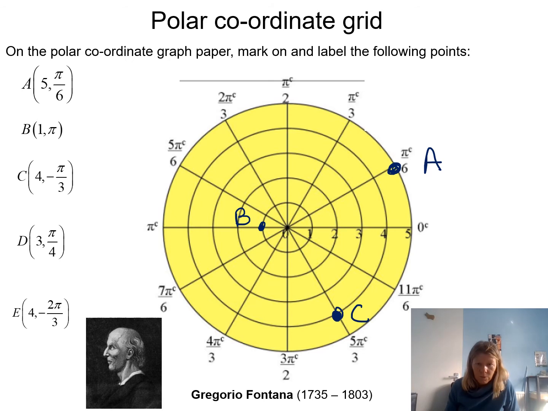Pi by 4 will be there. And 4 along, minus 2 pi over 3. 1, 2, there's a third, 2 thirds, yeah, it's there, isn't it? Hope you agree with me and I haven't done anything wrong. Don't think I have. So check where you put your crosses or dots and let's move on.